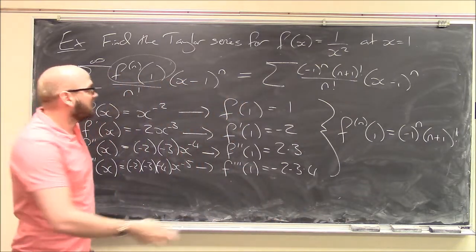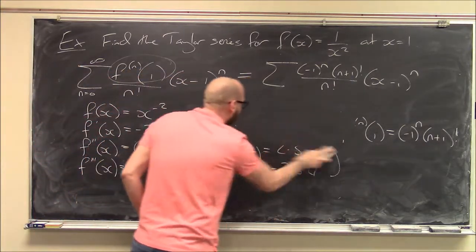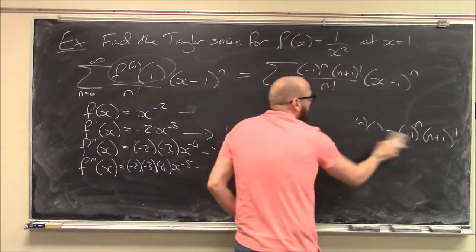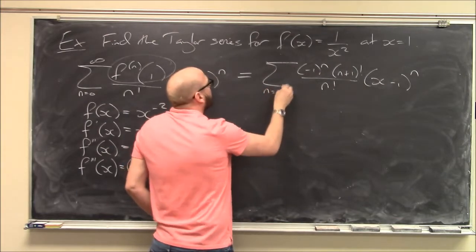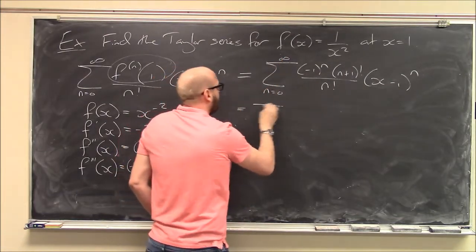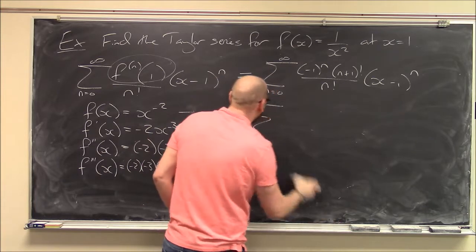And I can actually clean this up a lot, right? I can clean this up a lot because I've got n plus 1 factorial over n factorial. Oops, n equals 0 to infinity. That is the worst sigma I've ever drawn.